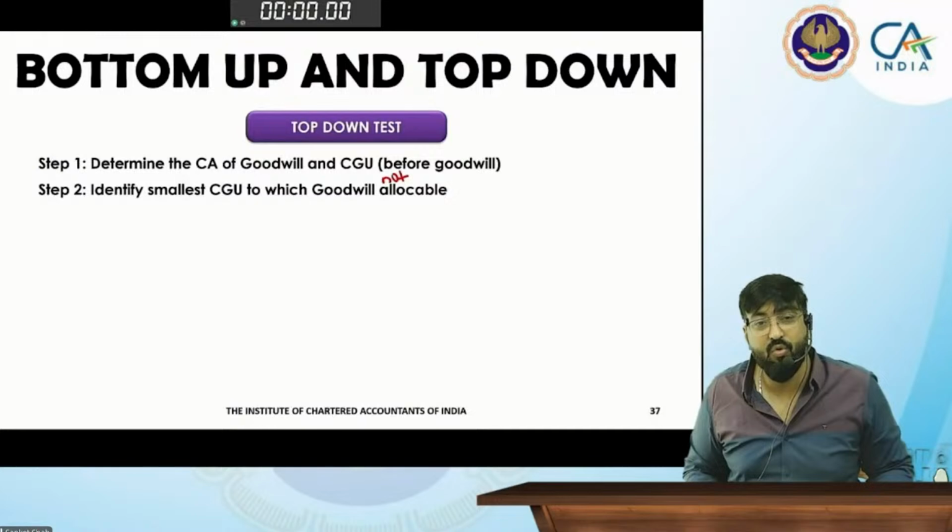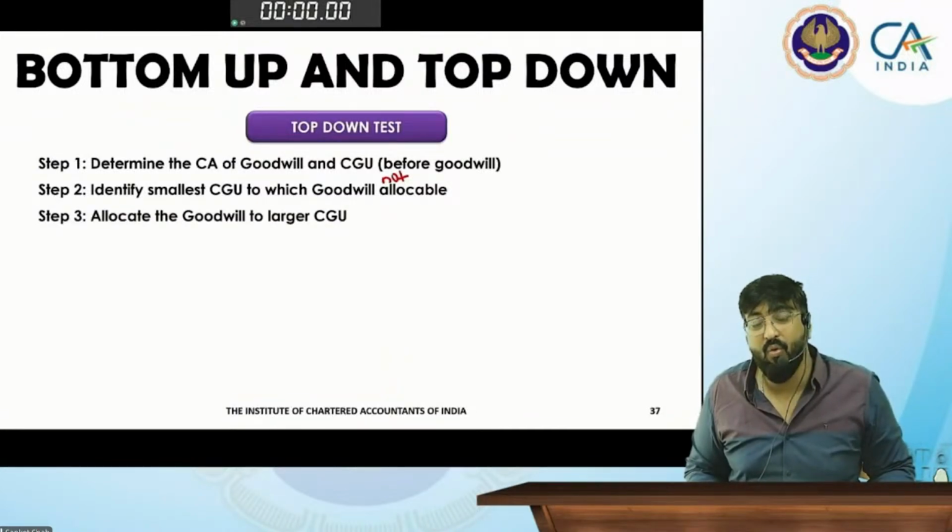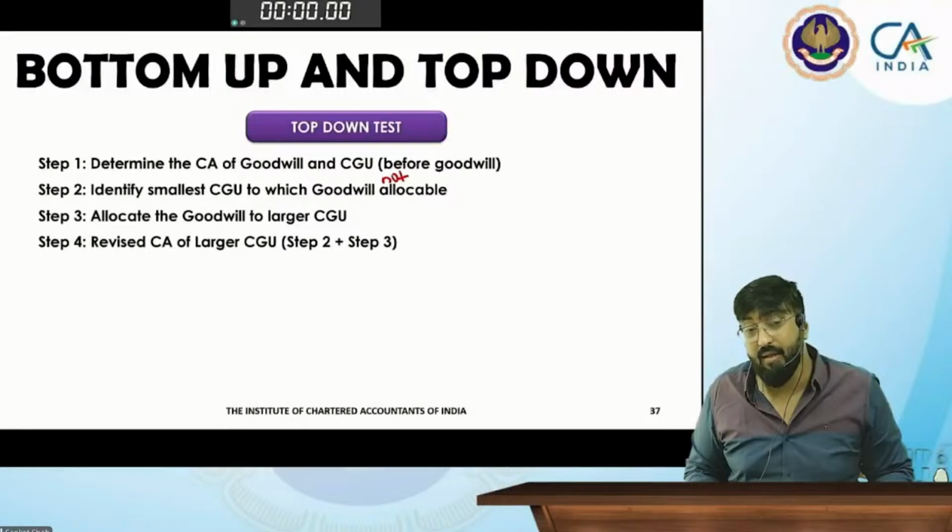We do not add goodwill to the smallest CGU. Allocate the goodwill only to the larger CGU. So here it will be not allocable.